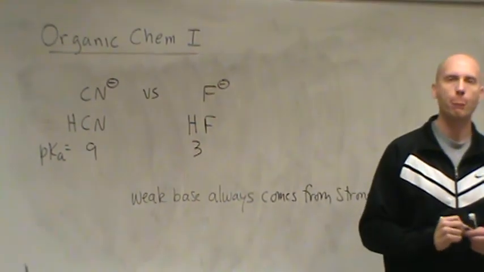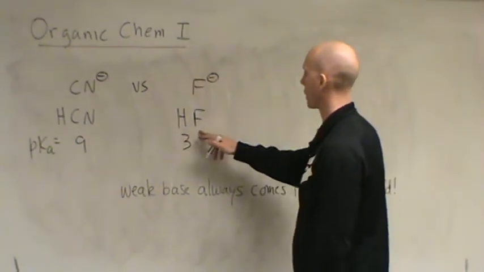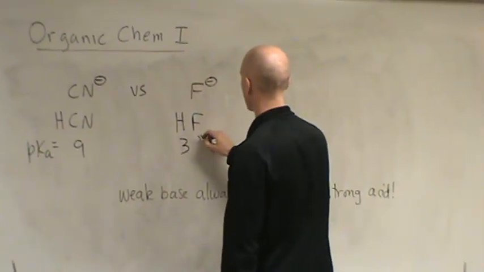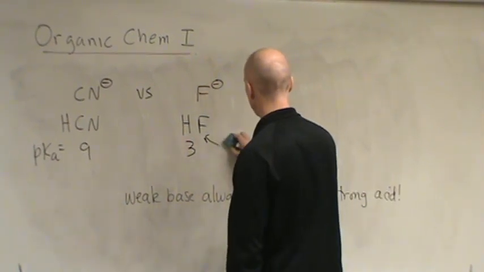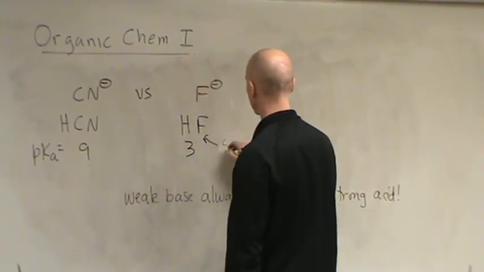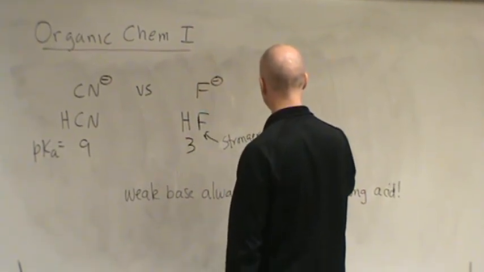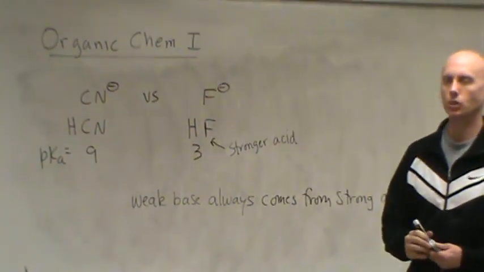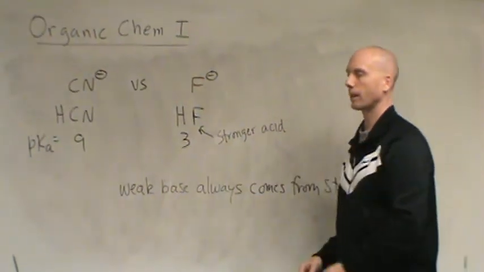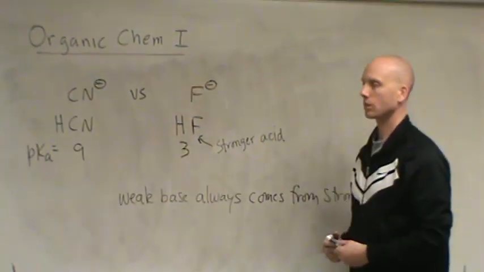Okay? So now what do we do? Well, that means HF is a weaker or a stronger acid? Stronger, right? Because it has a smaller pKa value. So what does it say about its base?